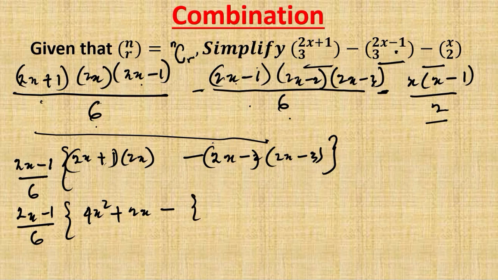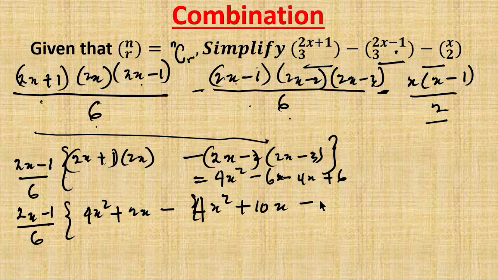What I have here is the same thing as 4x squared minus 6x, minus 4x plus 6. So this is minus 4x squared, this is minus 10x. Opening this bracket, it will be plus 10x minus 6. So I can close this bracket now.